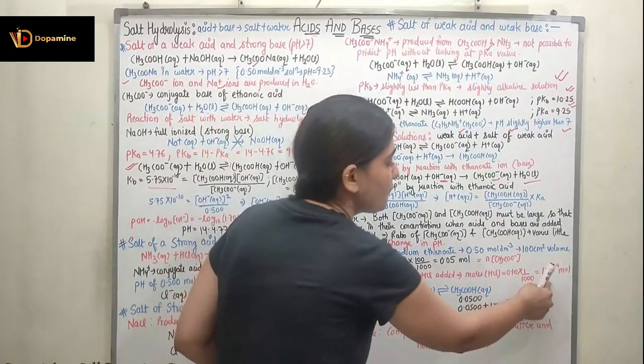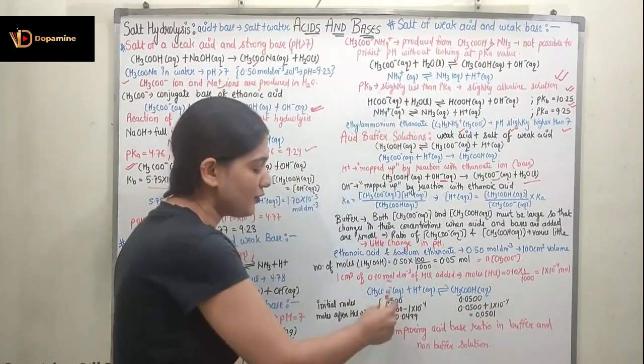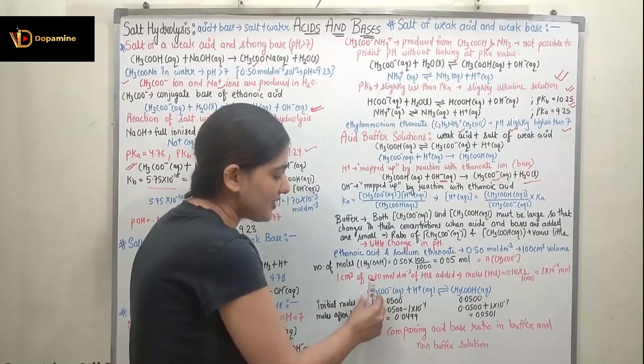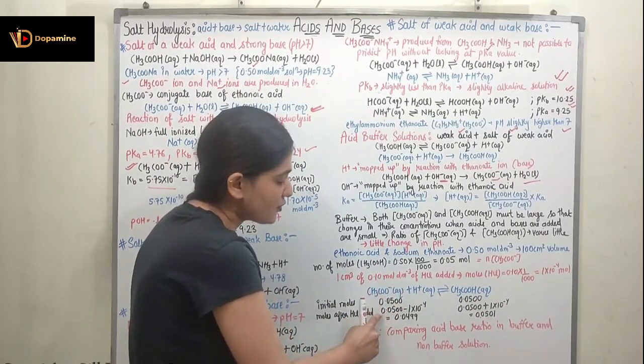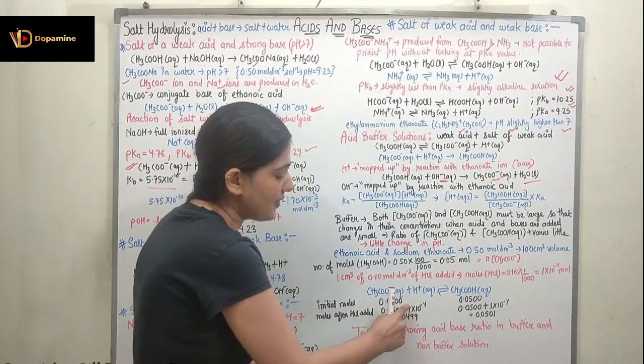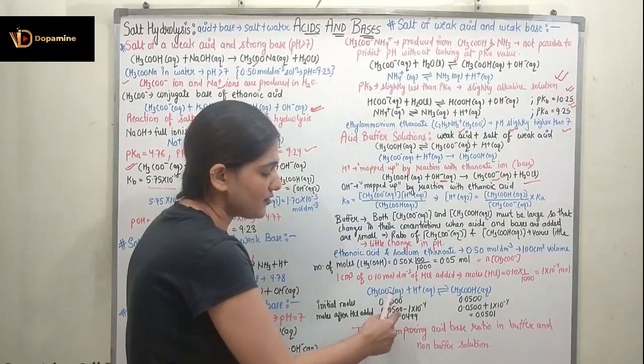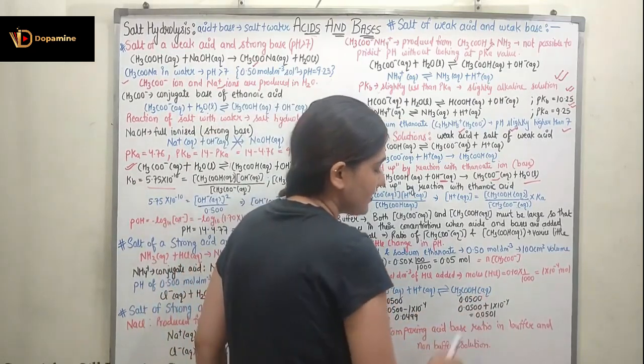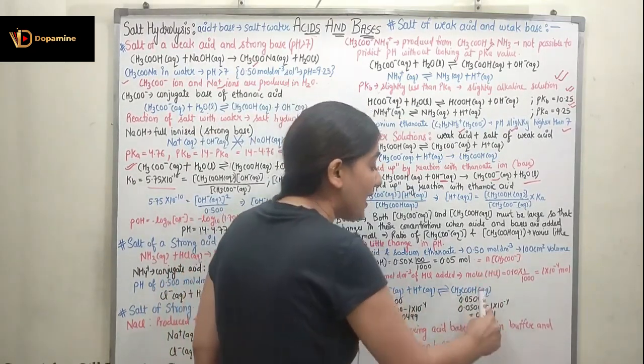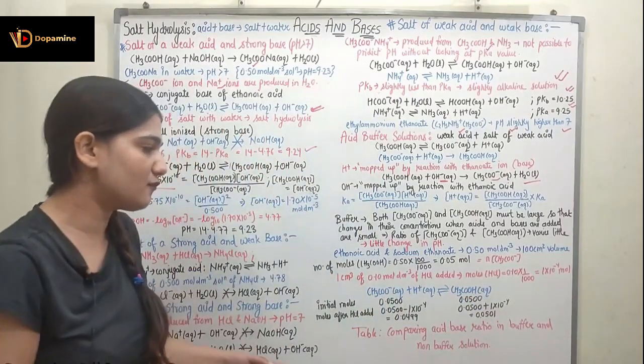HCl's number of moles was 1 into 10 raised to power minus 4, which we subtract from the CH3COO negative moles: 0.0500 minus 1 into 10 raised to power minus 4 is 0.0499. For CH3COOH, it is 0.0500 plus 1 into 10 raised to power minus 4, which is 0.0501.